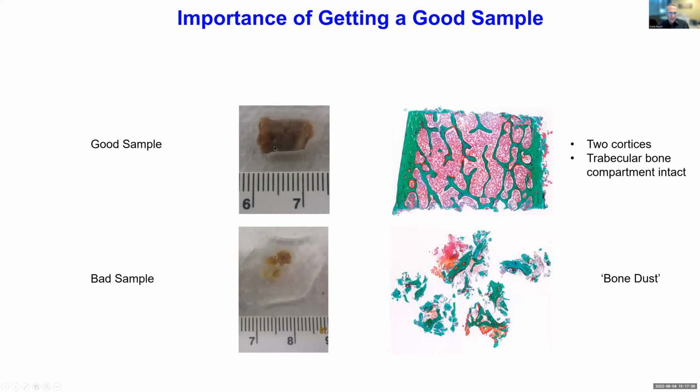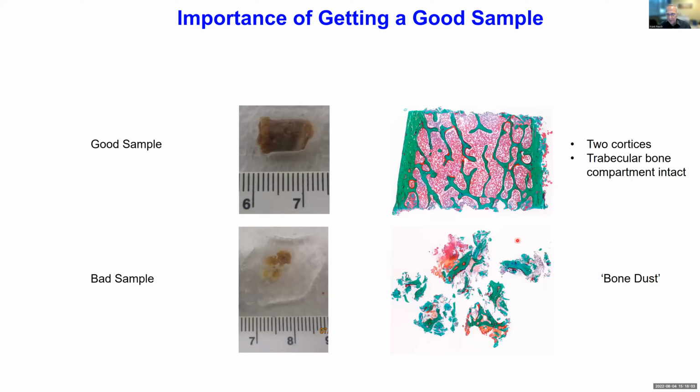So again, a similar nice sample shown on top here, and then once you cut it and stain it, that's what you get. An intact sample with 2 cortices and trabecular bone in the middle. If the sampling procedure is not so successful, then you end up with a crushed sample.